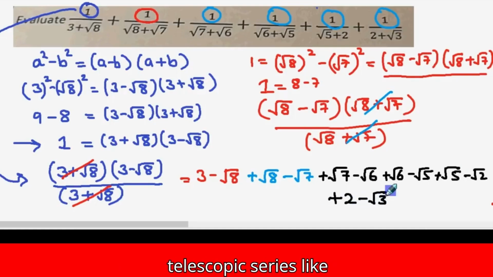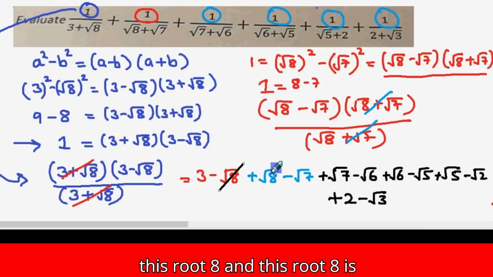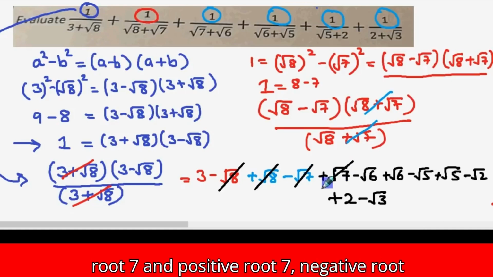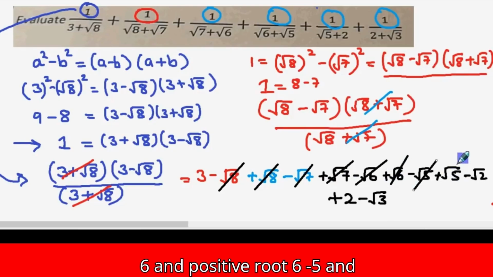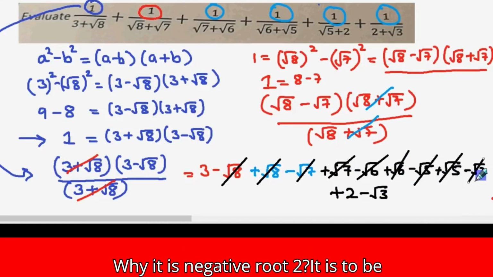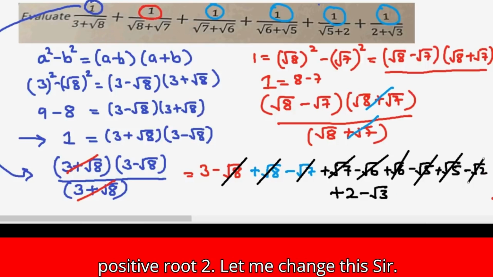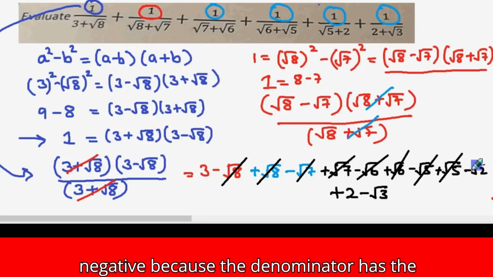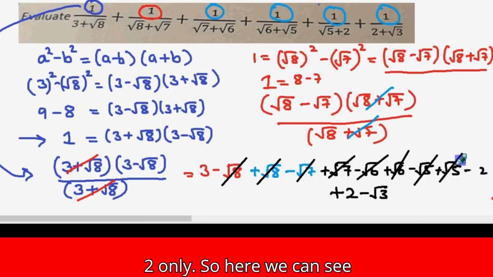If you see, it is a telescopic series. This root 8 and this root 8 are getting cancelled because one is plus and one is negative. In the same way, negative root 7 and positive root 7, negative root 6 and positive root 6, negative root 5 and positive root 5, negative root 2, and why is it negative root 2? It is to be positive root 2. Let me change this. This is to be positive root 2, not negative, because the denominator has the 2 only.